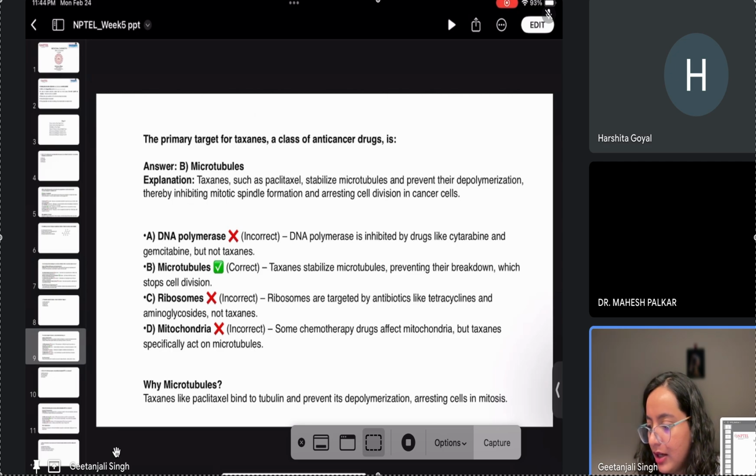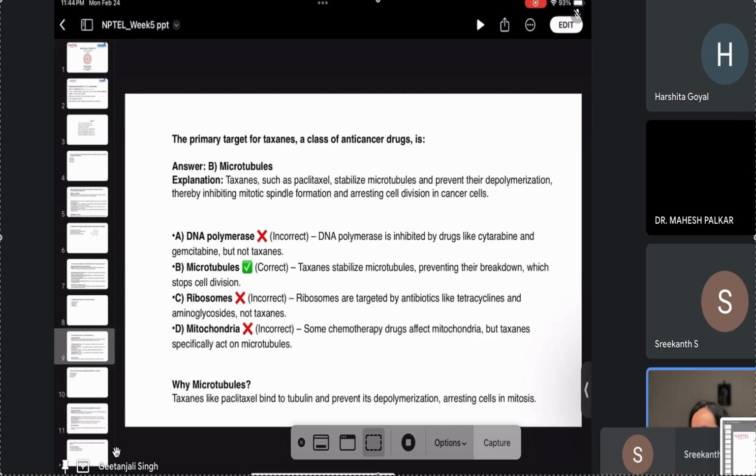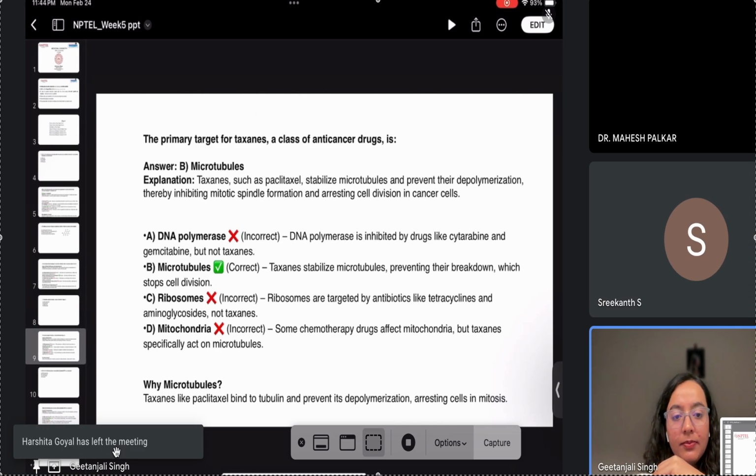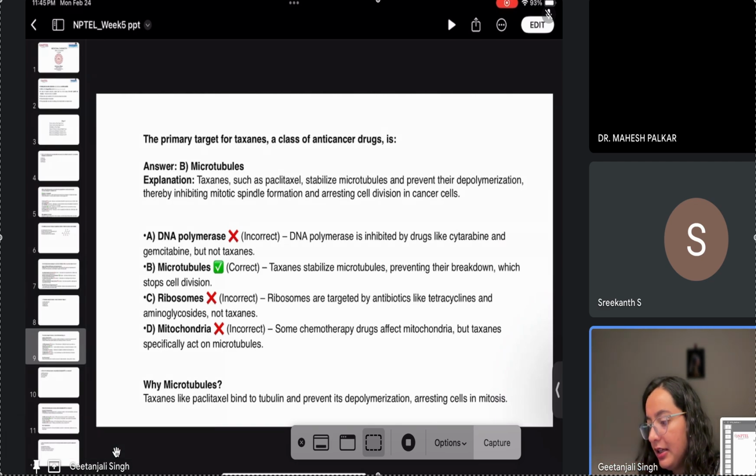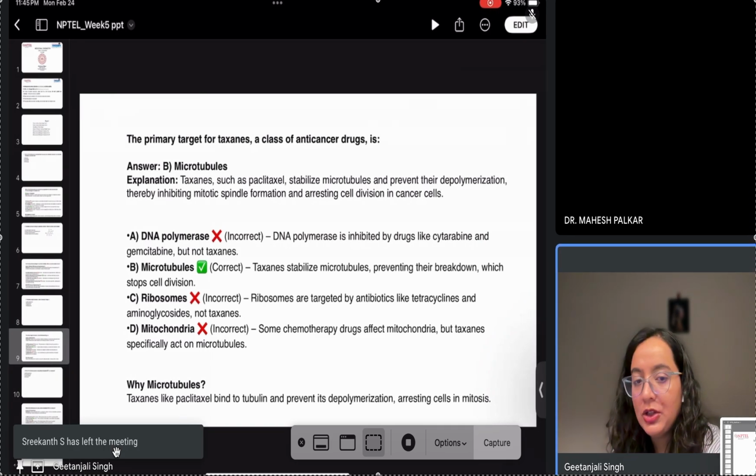They basically stabilize microtubules and prevent their depolymerization. There's a stage in mitosis where there's polymerization and depolymerization of tubulin, and this class of drugs stabilizes microtubules and prevents their depolymerization, thereby inhibiting mitotic spindle formation and arresting cell division in cancer cells.